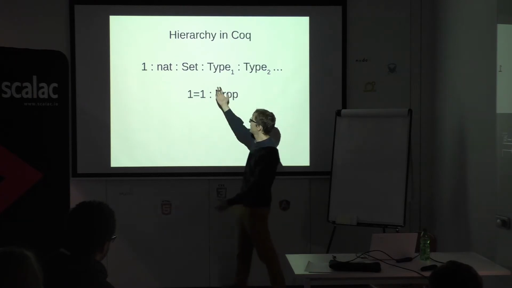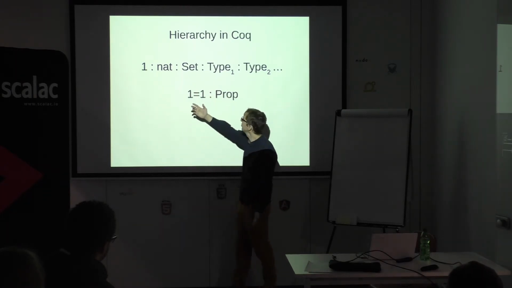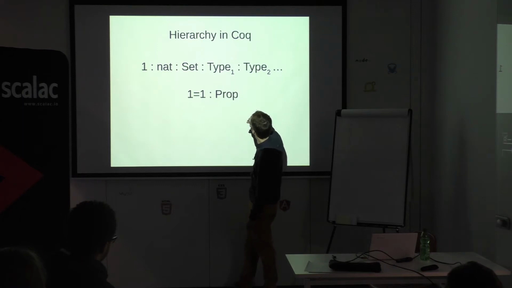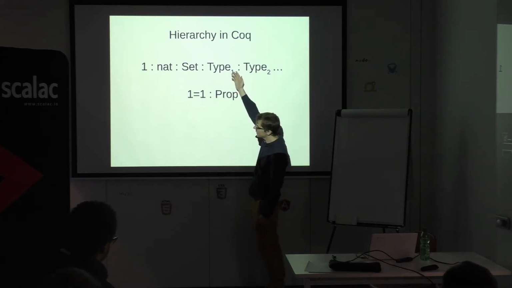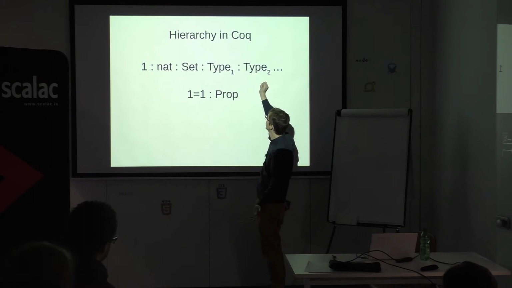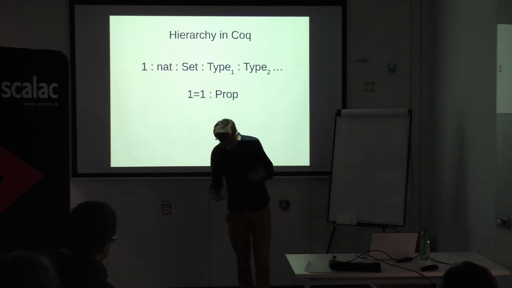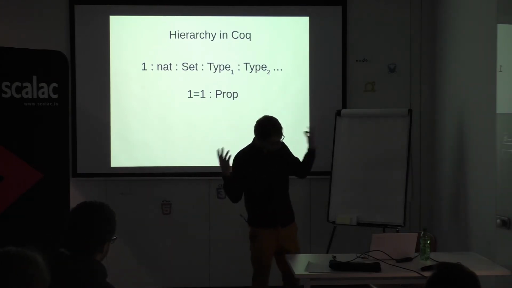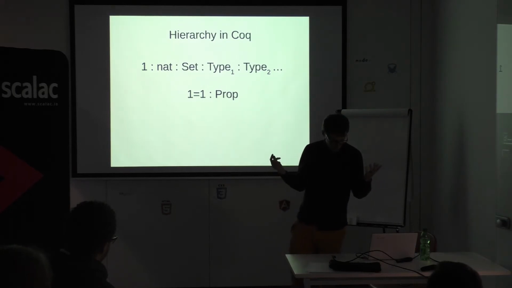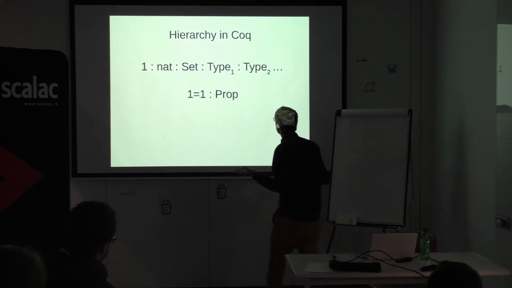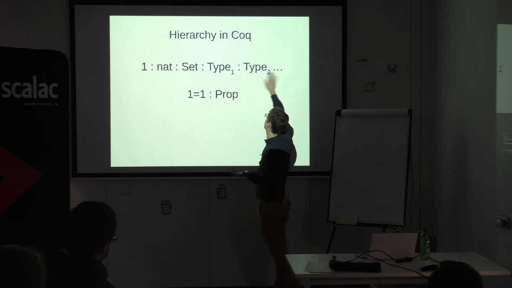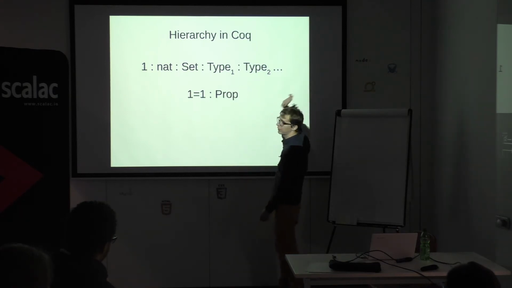So what is the type of Set, you may ask? Well, it's Type. And what is the type of Type? It's also Type, but for consistency, it's a different Type. So there is just an infinite hierarchy of these types: Type 1, Type 2, Type 3, etc., etc.